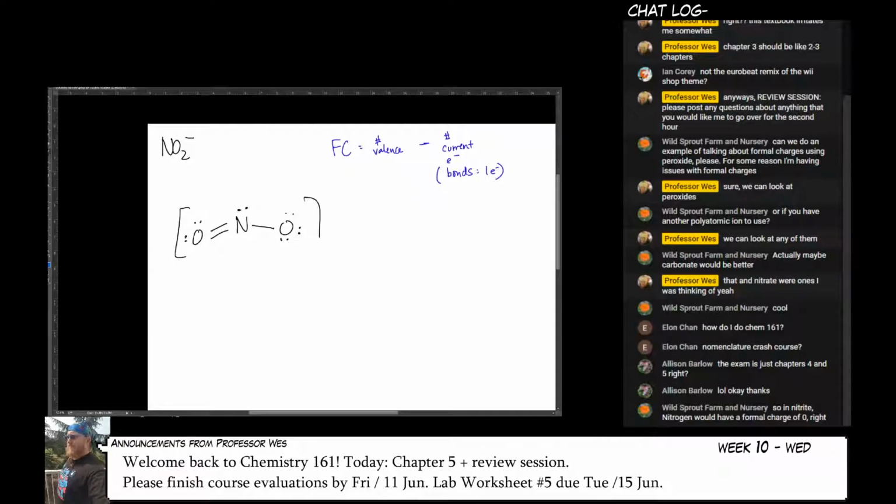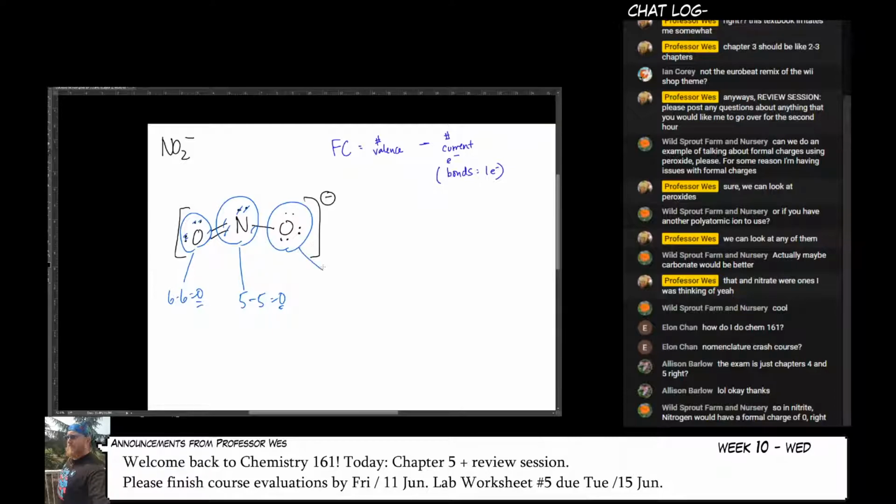And we got to do this to it. And so if I formal charge this oxygen on the left, I get 6 minus 1, 2, 3, 4, 5, 6. We get 0. If I formal charge this nitrogen in the middle, I get 5 minus 1, 2, 3, 4, 5. Also 0.